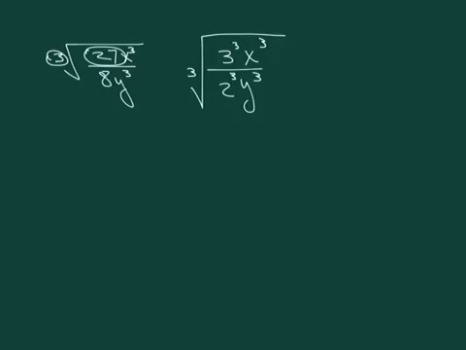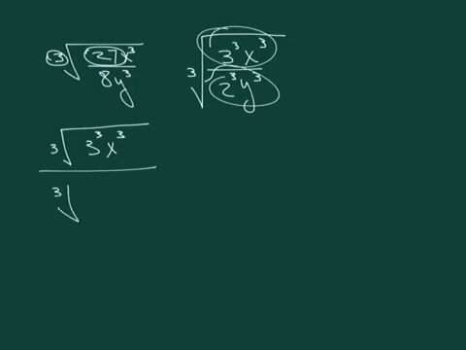Usually it's the letters, but in this section with radicals, it's numbers. So I'm going to split my top and bottom up: the cubed root of 3 cubed x cubed over the cubed root of 2 cubed y cubed.